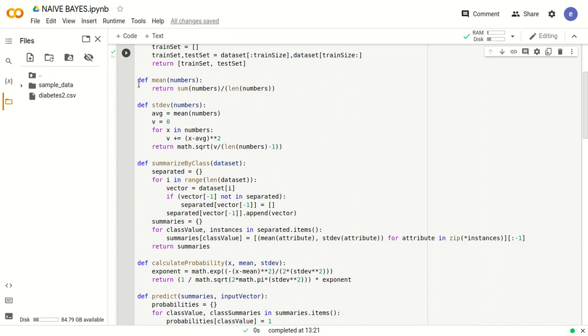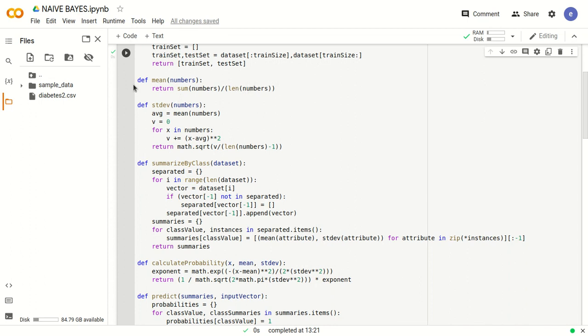Next, the reason for calculating the mean and standard deviation is already understood, because these are important parameters for the function calculate probability. Mean just means the sum of numbers divided by the total number of numbers, that is the length of numbers. So length of numbers will give the number of numbers, in other words the number of data instances.